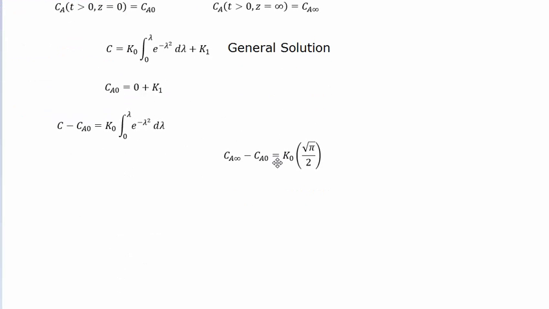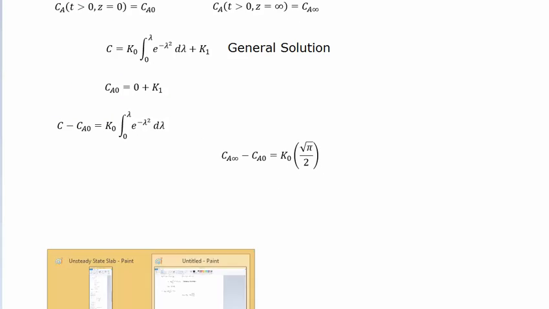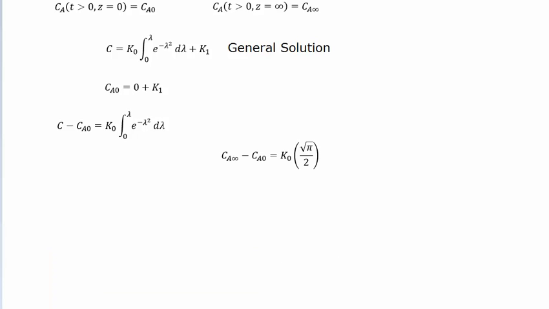So at infinity, now our concentration is going to be this value, and the integral will come out to be square root of pi over 2. So our K0 will turn out to be this, the difference between the walls over some constant that is pretty much needed to normalize the integral.